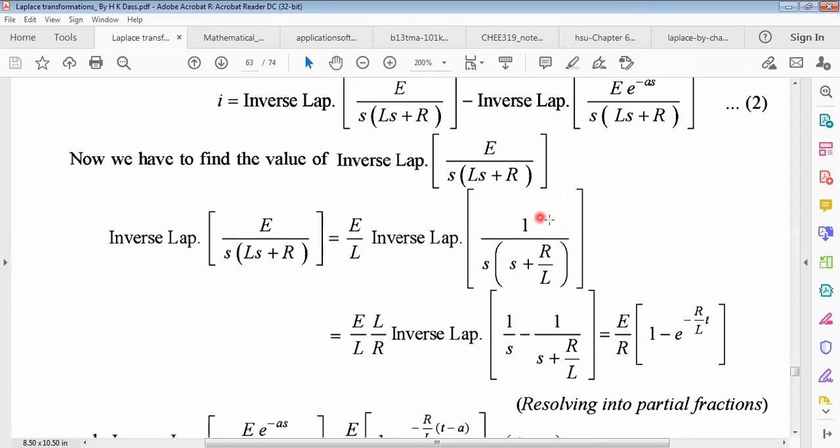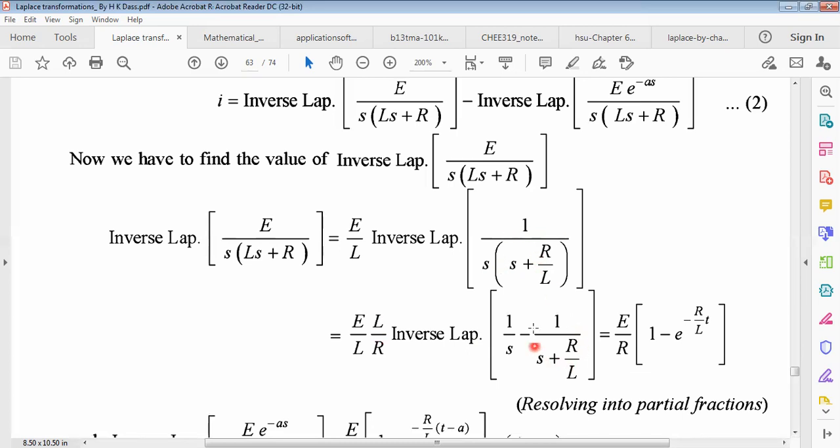We can make a partial fraction like this. Partial fraction, how? A divided by s plus B divided by this. Okay. So making partial fraction, we get 1 by s minus 1 by s plus R by L. L by R common, because A equals L by R and B equals minus L by R when we are taking partial fractions with constants A and B.